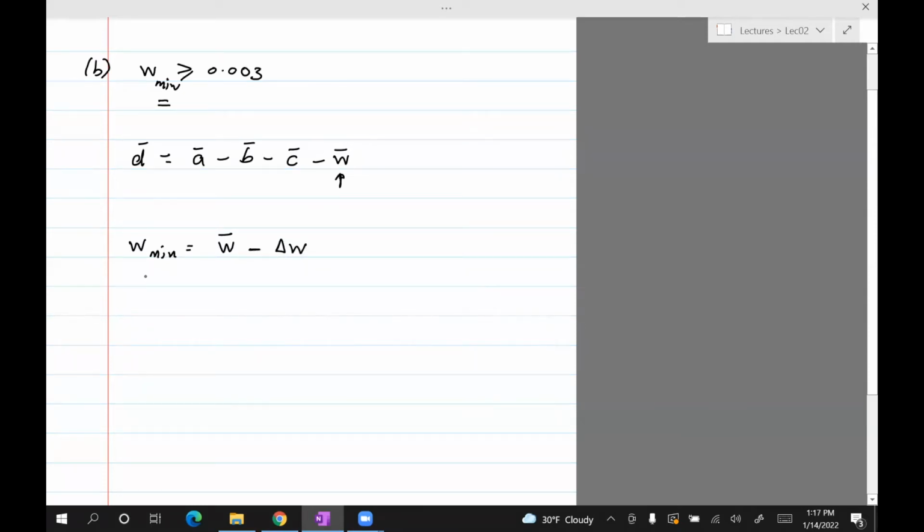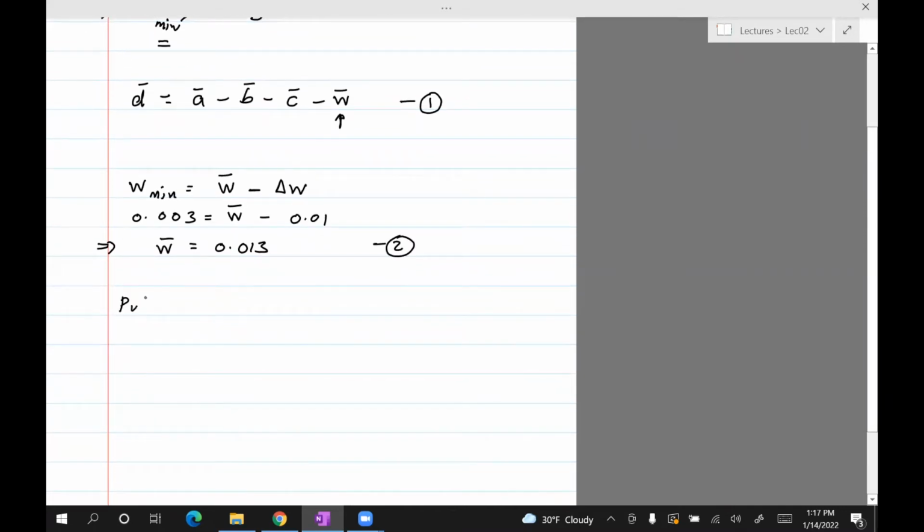So W min is 0.003. The nominal is unknown, and delta W, we just computed, is 0.01. So from that, we can solve for W bar, it's 0.013. And then let me write this as 1 and 2.